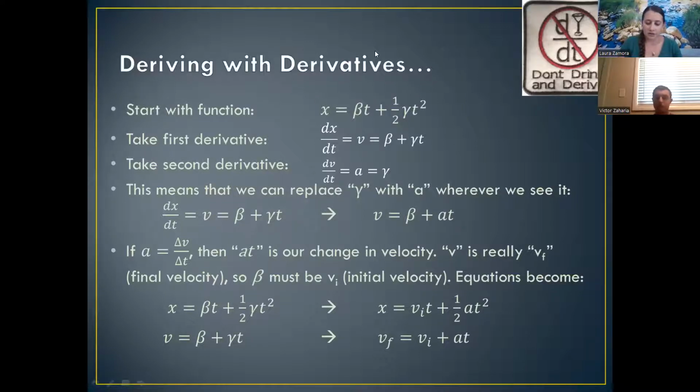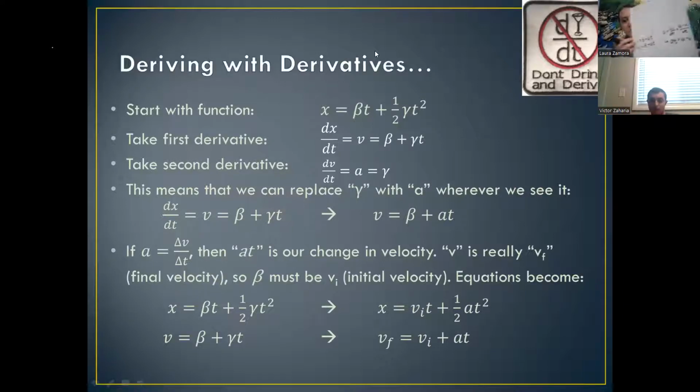So we know from the definition of acceleration that it's delta v over delta t. And when we take delta of something, that's the final minus the initial. So that means that acceleration times change in time is final velocity minus initial velocity.